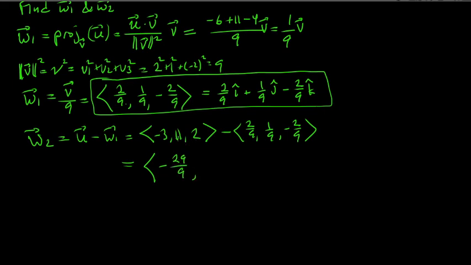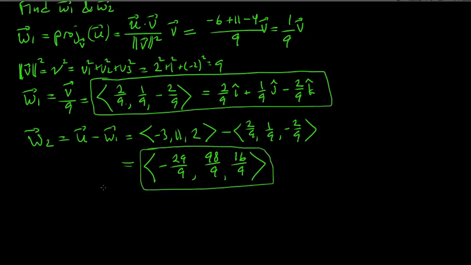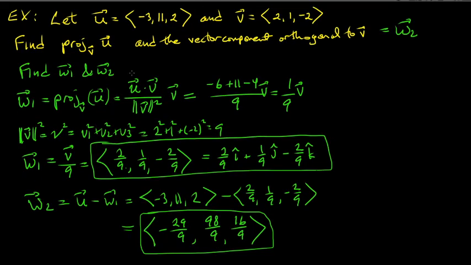And then 11 times 9 is 99, 99 minus 1 is 98, so 98 over 9. And then 18 minus 2 is 16 over 9. Again, don't take my word for it, I did that awfully fast in my head, but that should be the correct answer for w2. So we found w1 and w2, and that's all we needed to do in this example.